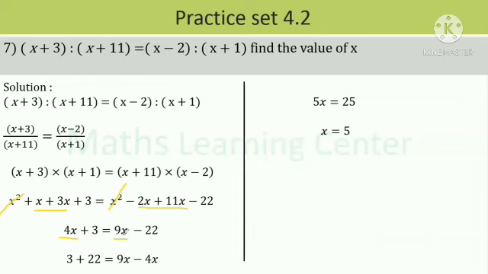After this we are going to collect like terms again. So plus 4x after shifting is minus 4x, and minus 22 after shifting is plus 22. So 3 plus 22 will get 25, and 9x minus 4x will get 5x. After dividing by 5, we'll get the value of x is 5.